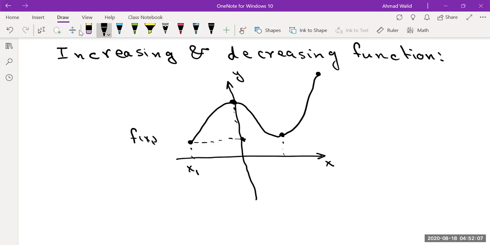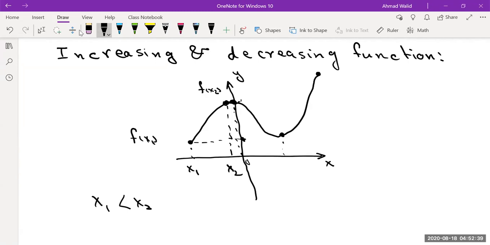Let me take another point, maybe here. If I name this point x2, then the value on the y will be f of x2. Now, you see your x1 is less than x2. Do you agree? x1 is less than x2 because I'm on the negative side, right? x1 is smaller than x2.